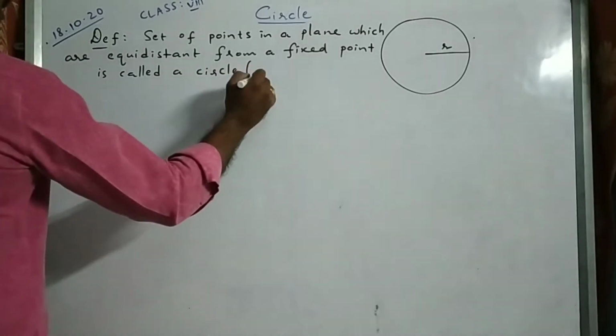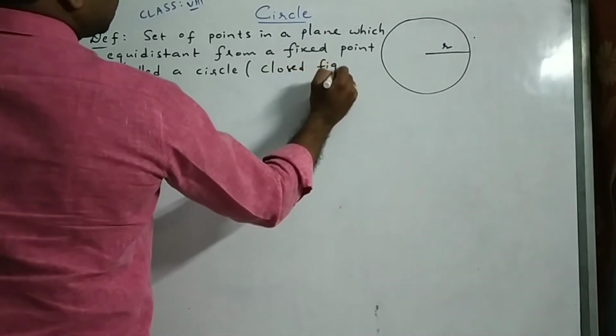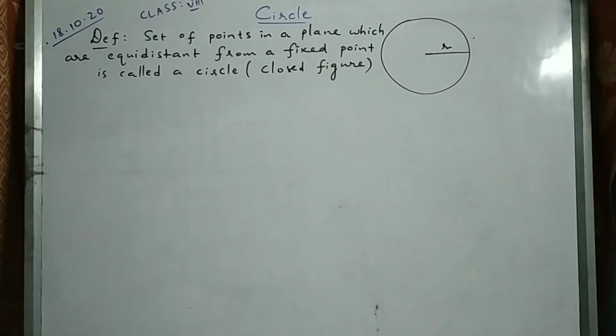So if you join all those points, that is a closed figure. Circle is a set of points in a plane which are equidistant from a fixed point.